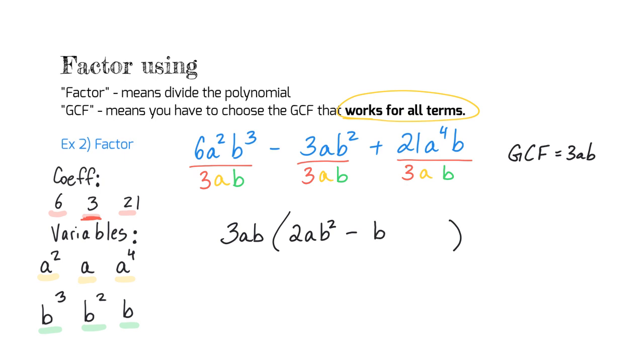So 1 times b is just b. In my last term, I have 21 over 3, that's 7. A to the 4 over a is a cubed. And b over b is 1. So this ends up being my final answer.